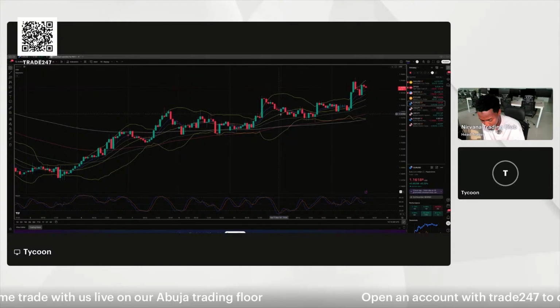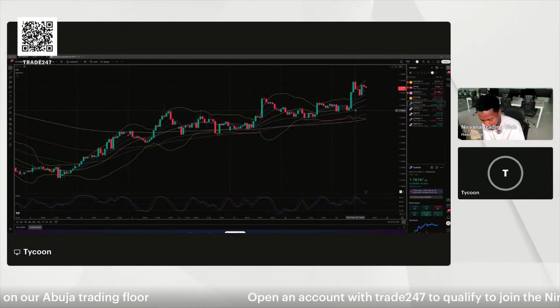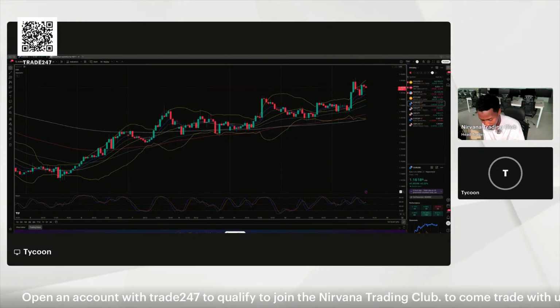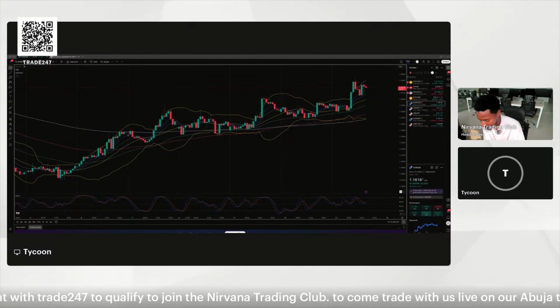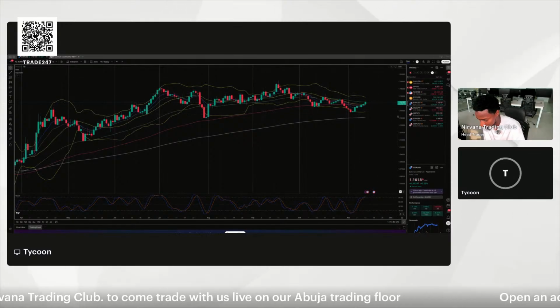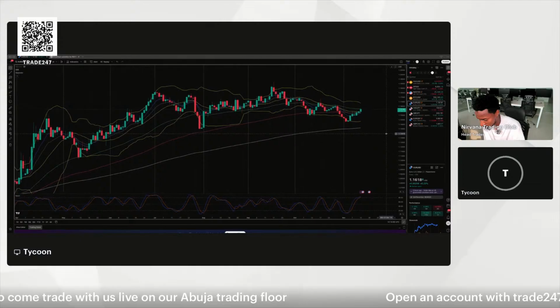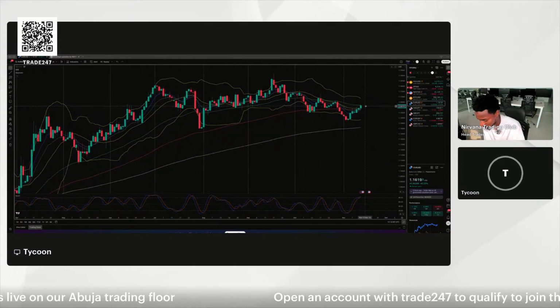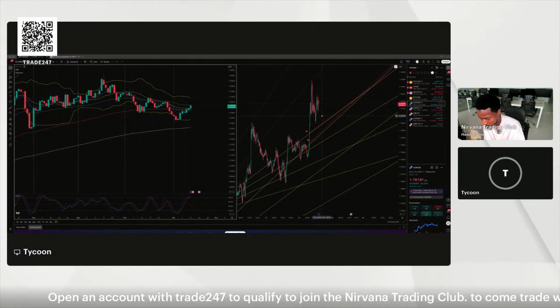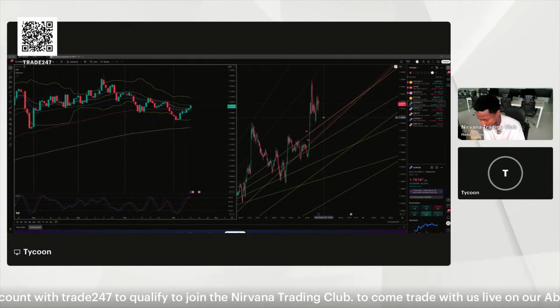Unfortunately, it came all the way down here, but it didn't give us the ideal trigger, so we had to sit out of this one. Notwithstanding, it still remains very bullish, and if we don't catch a trade on this today, we'll probably catch a good one tomorrow because we still have this level here.